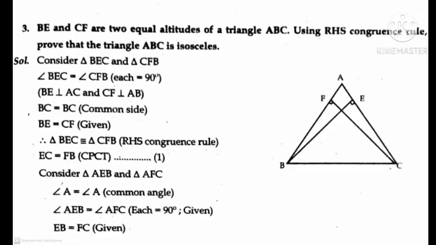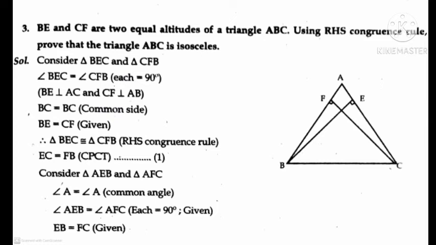Question number 3. BE and CF are two equal altitudes of a triangle ABC. Using RHS congruence rule, prove that the triangle ABC is isosceles. Solution. In triangle BEC and triangle CFB, angle BEC is equal to angle CFB, that is equal to 90 degrees, since BE is perpendicular to AC and CF is perpendicular to AB.